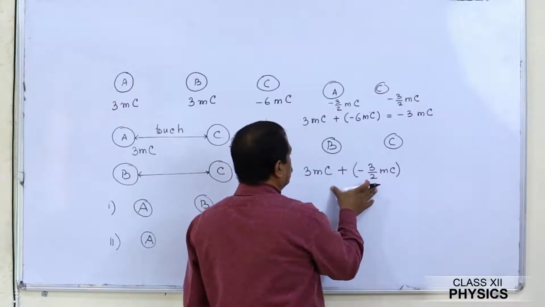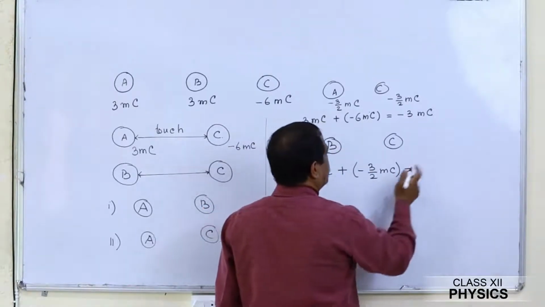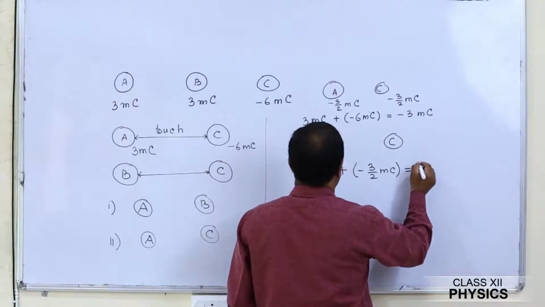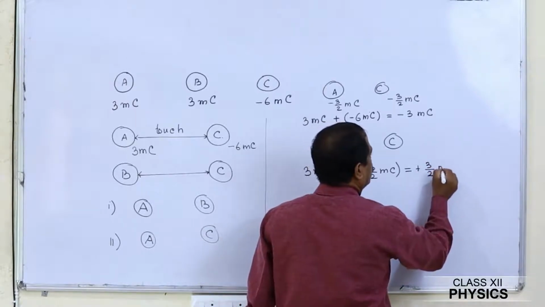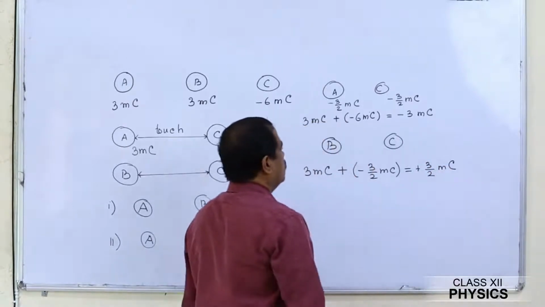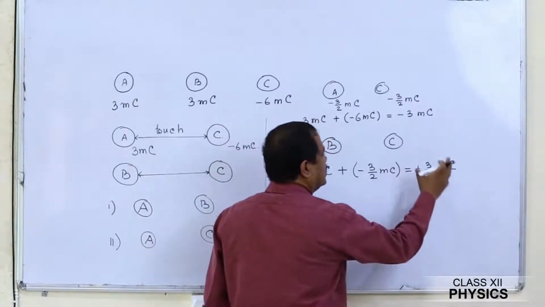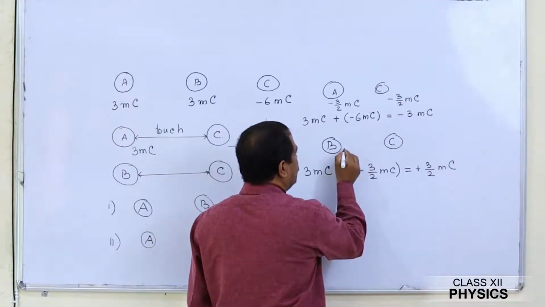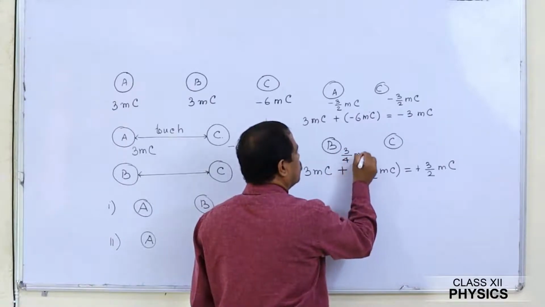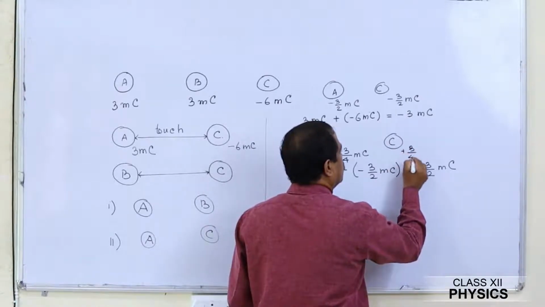And this will work out as 3 minus 3 by 2, so 6 minus 3 by 2, so this happens to be plus 3 by 2 millicoulomb charge. And this amount of charge is shared by body B and body C. As such, body B will have half of this charge, that works out to be 3 by 4 millicoulomb plus, and body C will also have plus 3 by 4 millicoulomb.